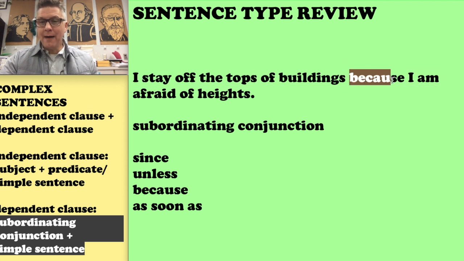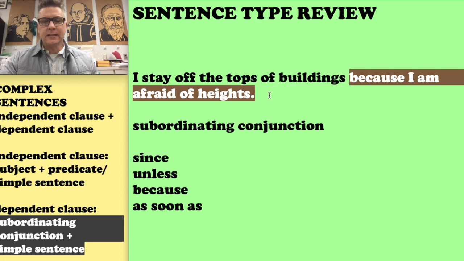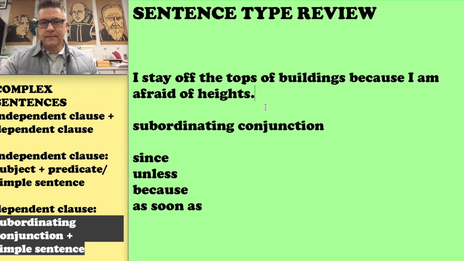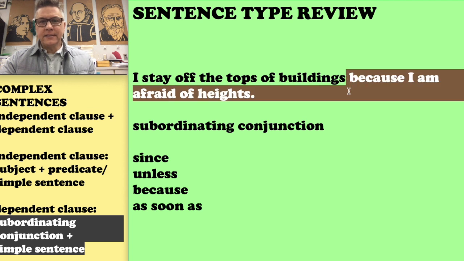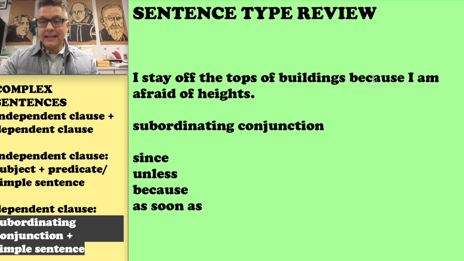So something is happening here. That's my indicator that something is happening on either side, and therefore this becomes the dependent clause. This is a complex sentence. Right? So when you look at this, you realize, okay, this can go at the front or the back, but either place that it is, it's a dependent clause making this a complex sentence.